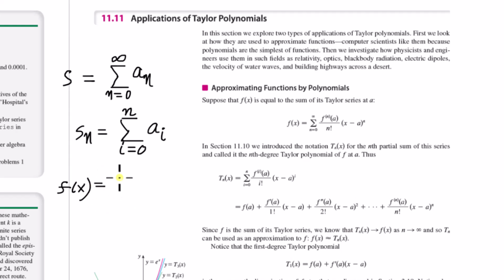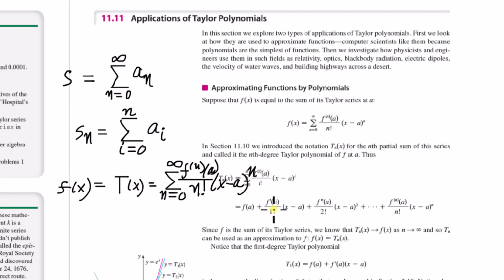We'll just call it T of x, and that's the sum from n is equal to 0 to infinity of the nth derivative of the function evaluated at the center point over n factorial times x minus a to the n, right? That's the Taylor series. It's an infinite series. It's just a little bit different because it has this x in it, but still.